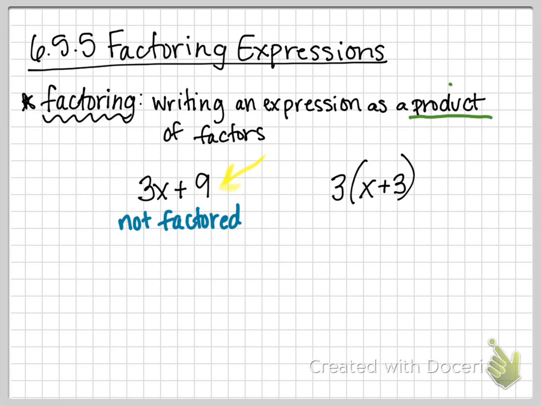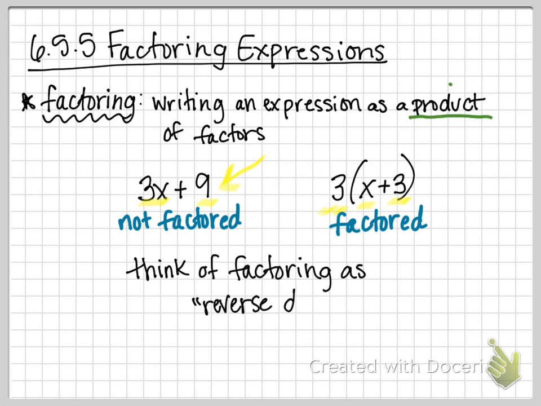If I divide 3x by 3, I get x. If I divide 9 by 3, I get 3. And because I divided them both by 3, I put that out in front of my parentheses. They say the same thing. One is in factored form, and one is not in factored form.